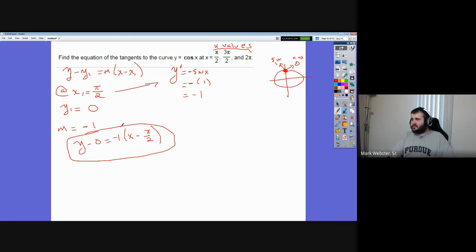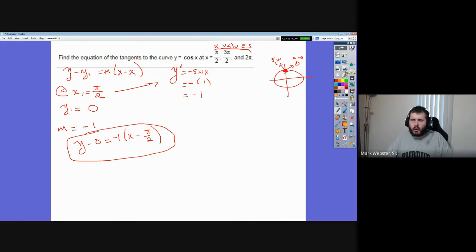I will leave these as an exercise for you to see if you can do it. Obviously, when you're doing your homework, you're going to have all 3 of these to do. Whatever the numbers are, they might not be pi over 2, 3 pi over 2, and 2 pi. They'll probably be other values, maybe pi, 3 pi over 4, 7 pi over 6, whatever. It doesn't matter. It's going to be 3 values, probably between 0 and 2 pi, like they have here.